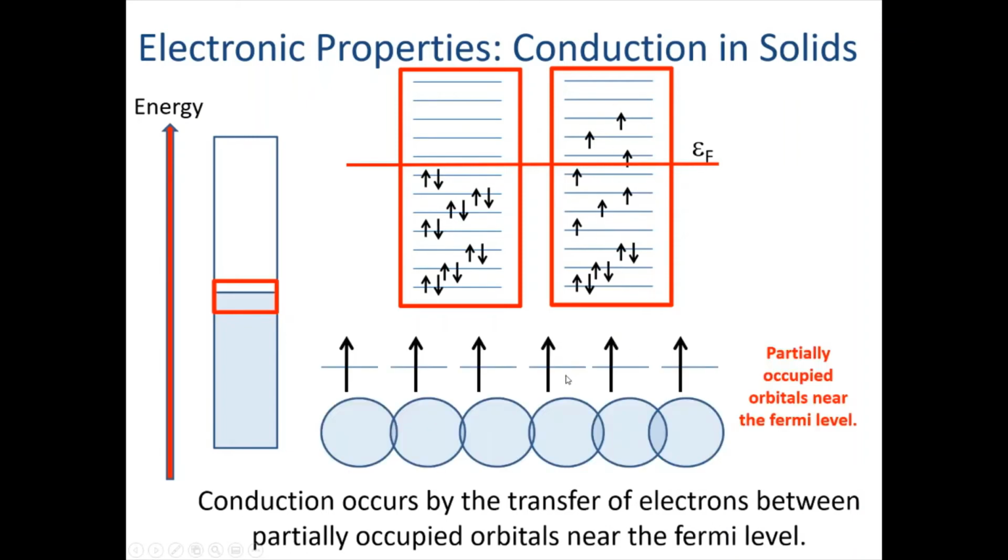And if these states are delocalized over the entire structure, meaning we have a molecular orbital that goes from one area to another, if we put an electron in, this electron can start to hop from unoccupied state to unoccupied state, and go across the structure all the way to the other side. So the two requirements for conduction are that you need the Fermi level to be in the middle of a band, and you need some temperature to get the electrons promoted so that you have some holes to put an electron in.